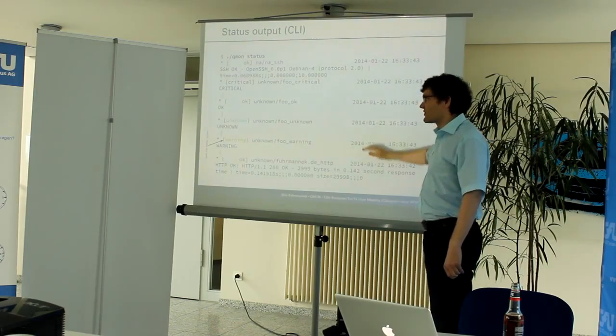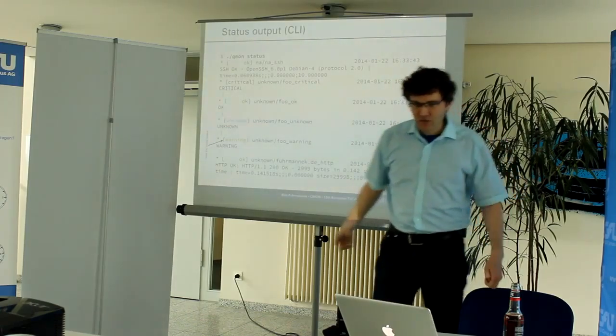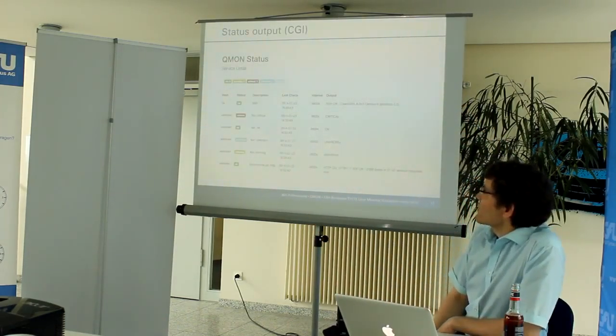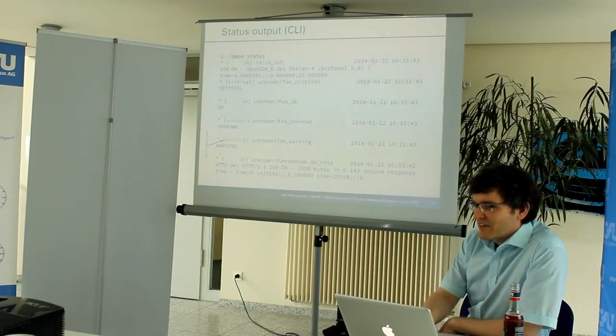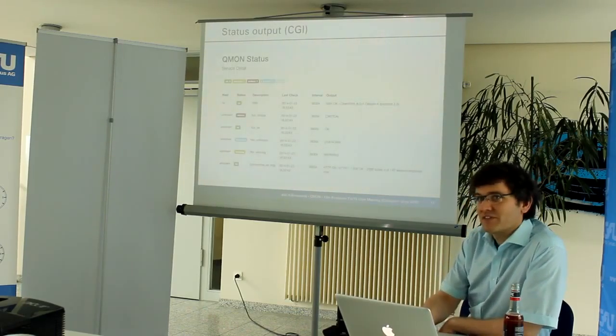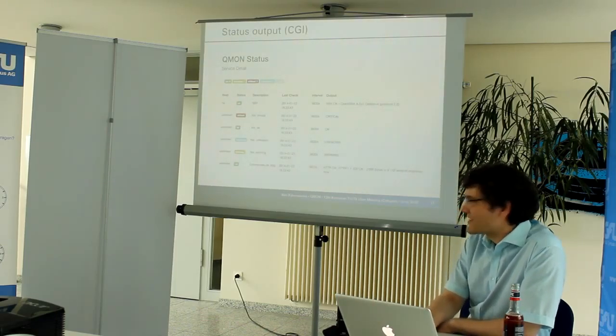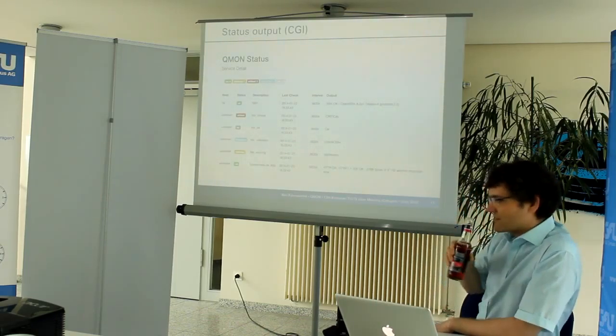Most of these checks are just dummies, just to show that the color output is working properly. And of course, there is also a little CGI script that does exactly the same thing as the command line output, but just not with the command line. Beautiful. Beautiful, yes. Eye candy, I'd say.